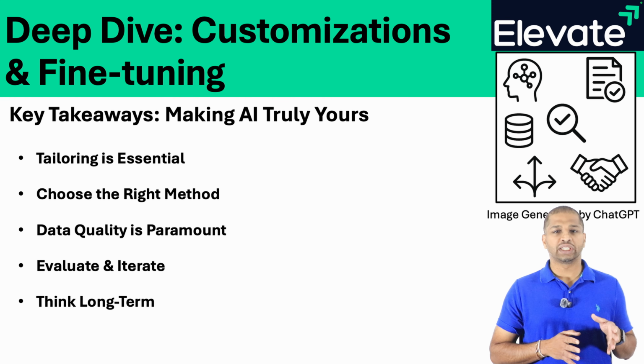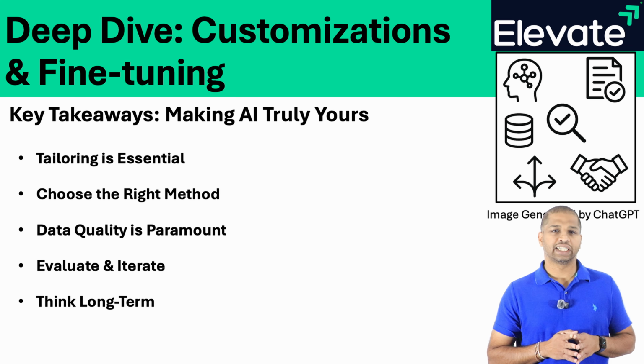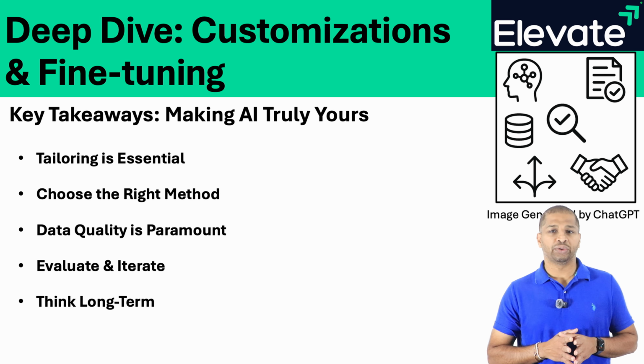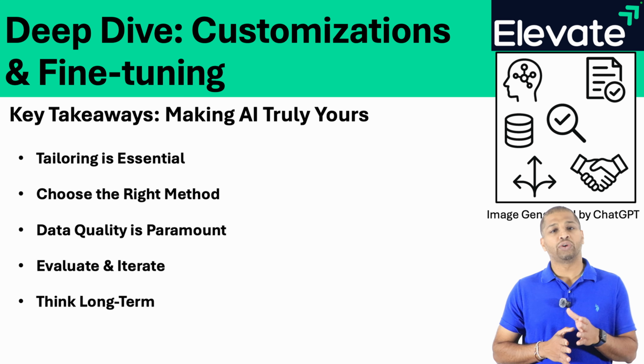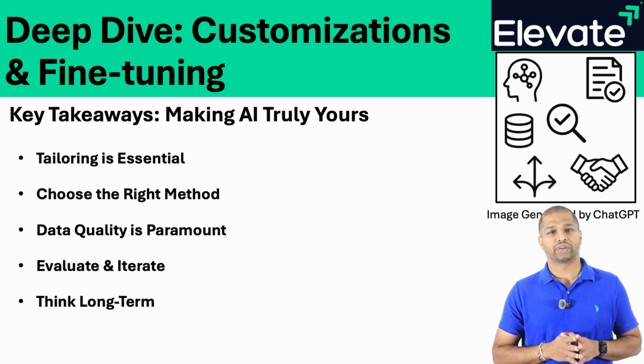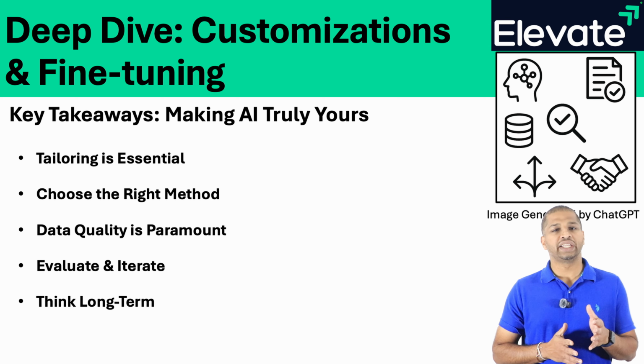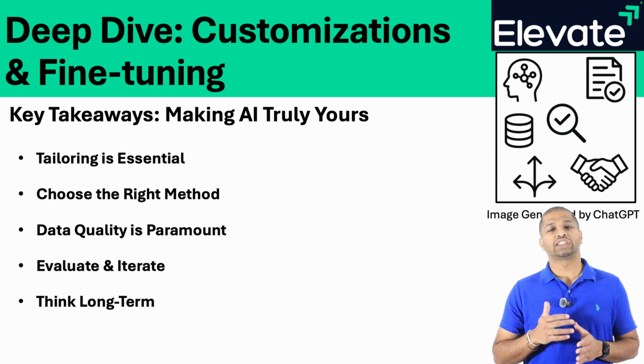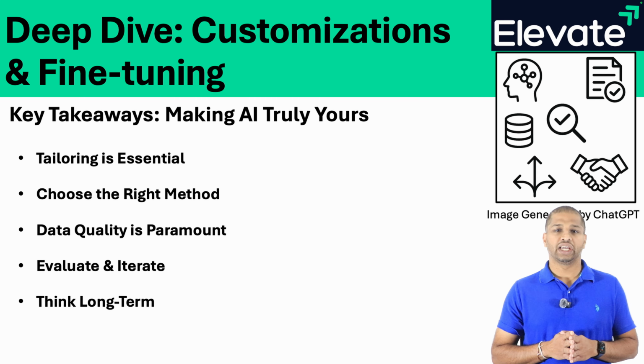To quickly summarize our deep dive into customization and fine-tuning, remember that tailoring is essential for generative AI to meet our specific organization needs. Choose the right method, whether it's prompt engineering, RAG, or fine-tuning, based on your specific goals and resources. Always prioritize data quality. It is absolutely paramount for successful customization.